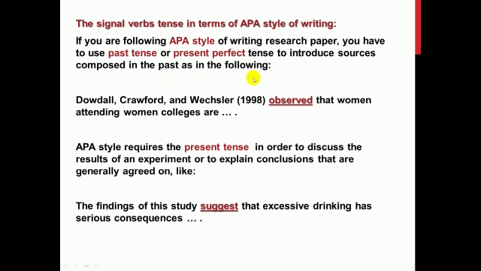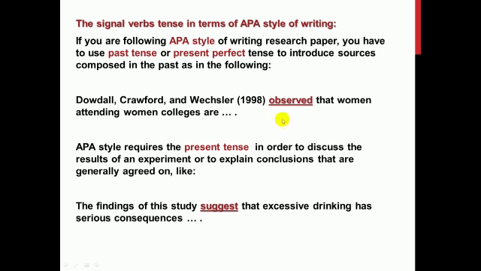So APA style tries to present our sources in the past, in two tenses: the past tense and the present perfect tense. Let's see this example: Dowdall, Crawford, and Wetzler, 1998, observed that women attending women's colleges are so and so.